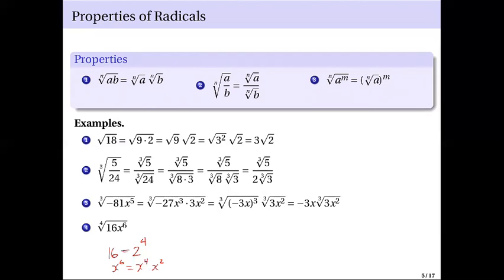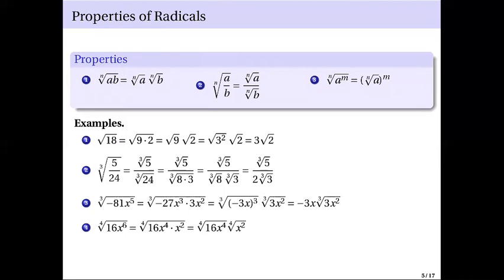Meaning, we have the following. So 16, we attach it to the x to the 4, and then leave x squared there. And then we separate using this property here.